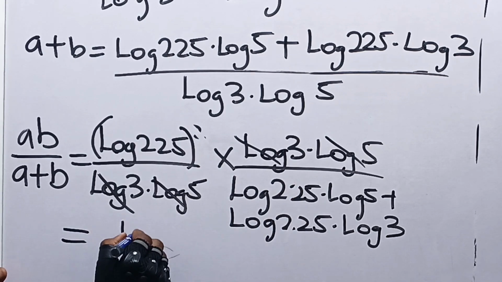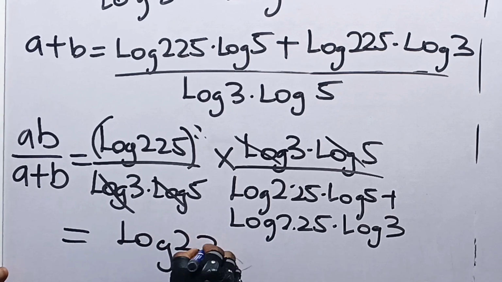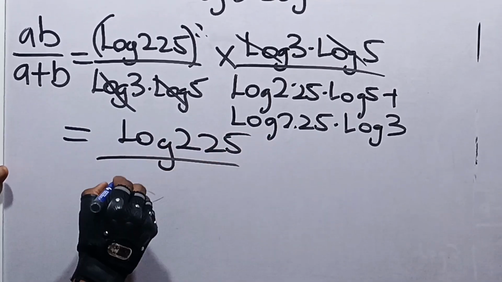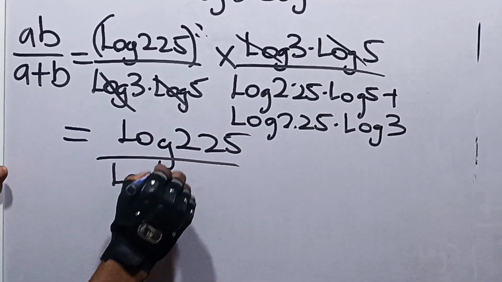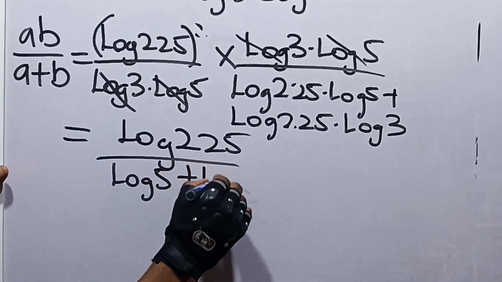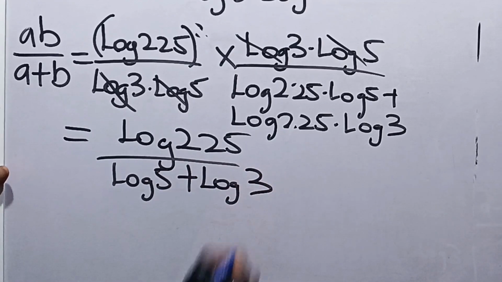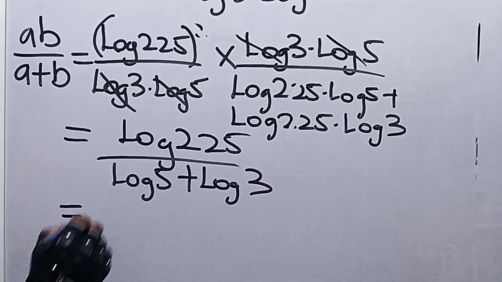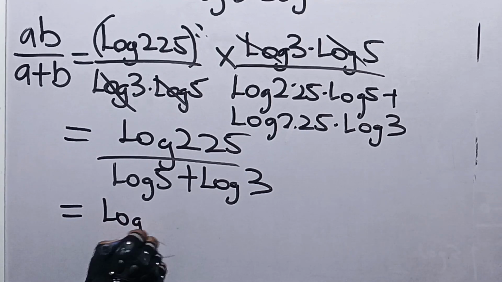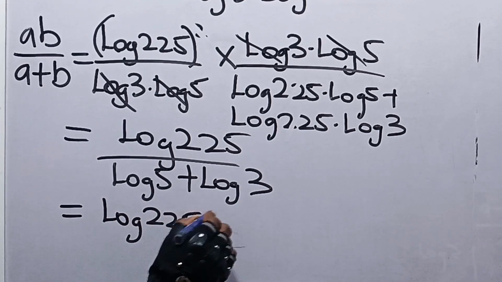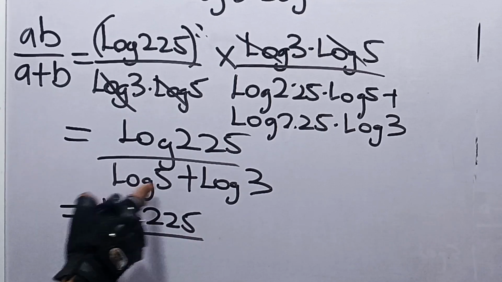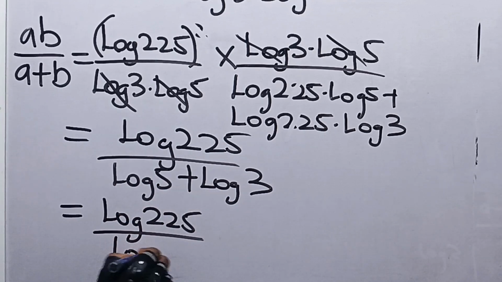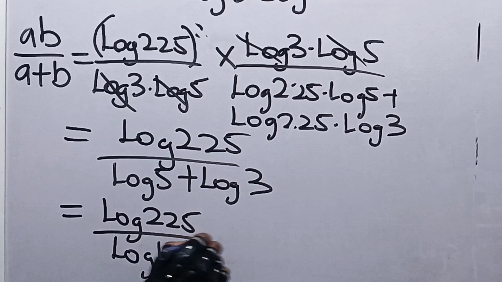So what's remaining is log of 225 divided by log of 5 plus log of 3, as log of 15, because 5 times 3 is 15.